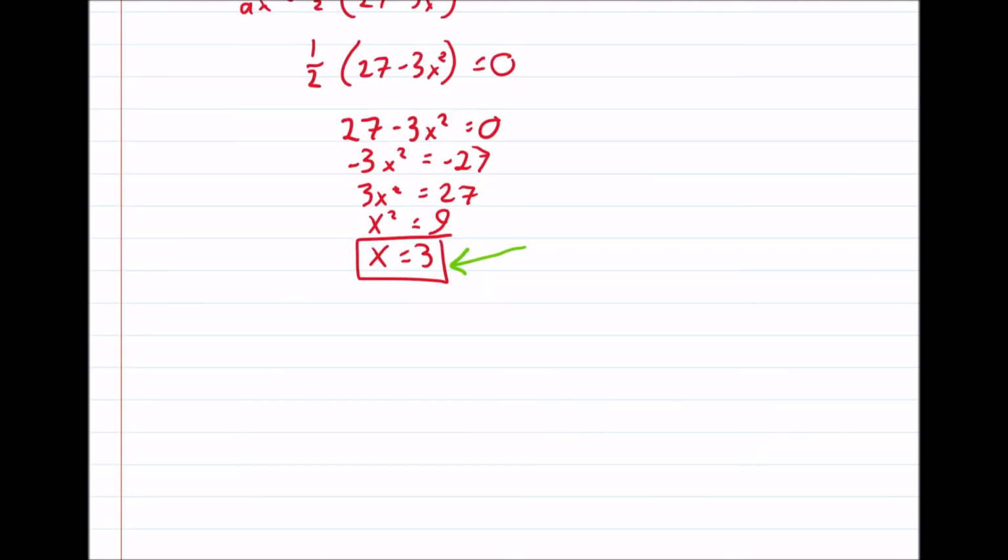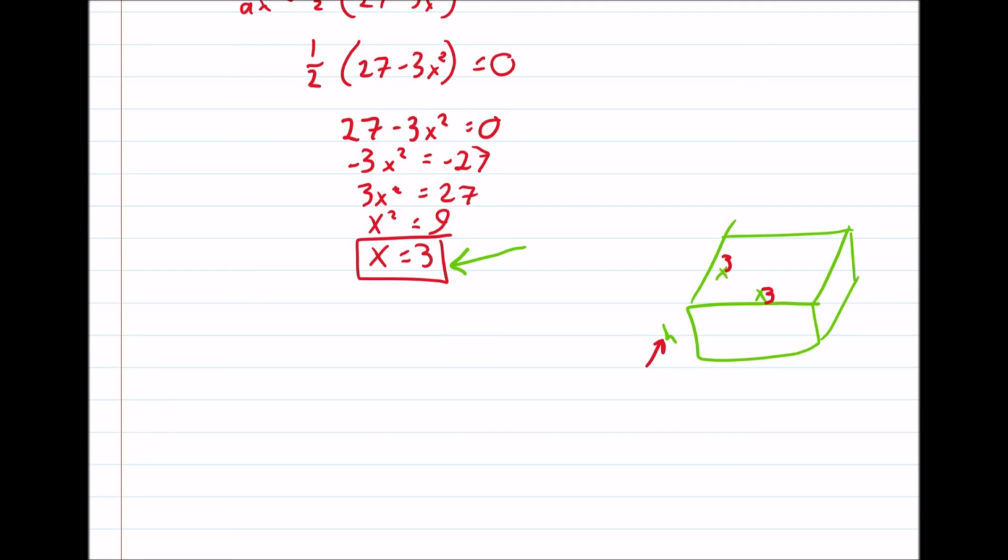So, x is 3. Just sketch my box again. I know that's x, and this was h. Okay, so I know x is 3, but I don't know what h is, right?